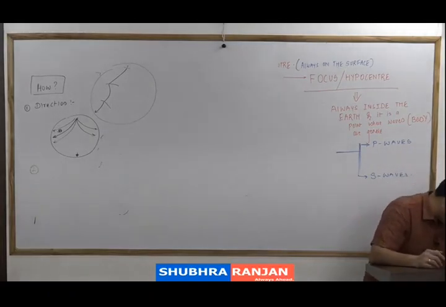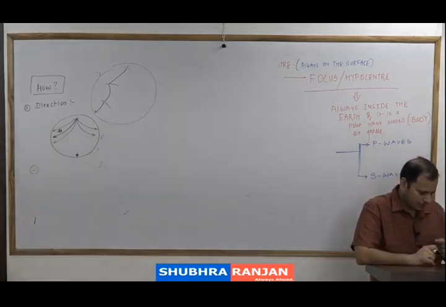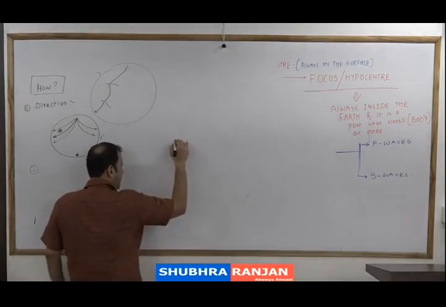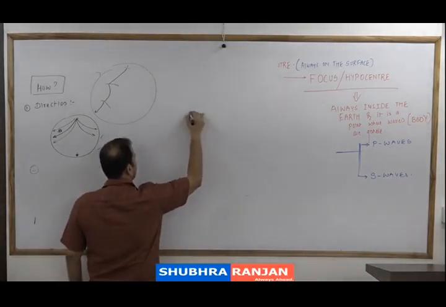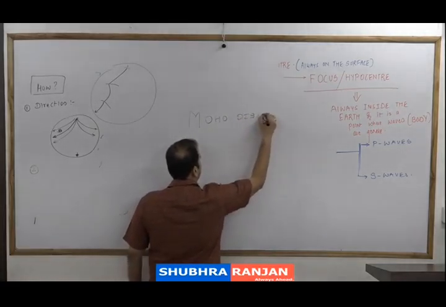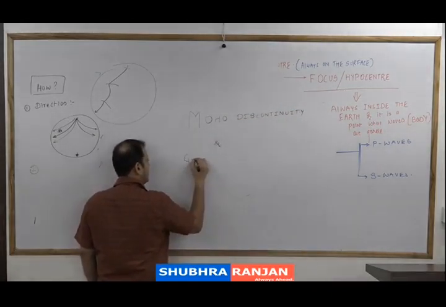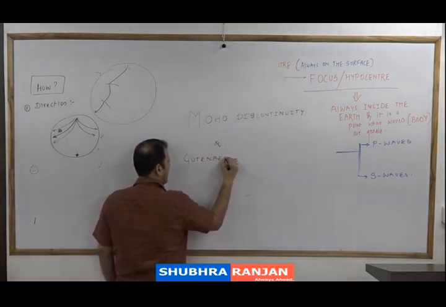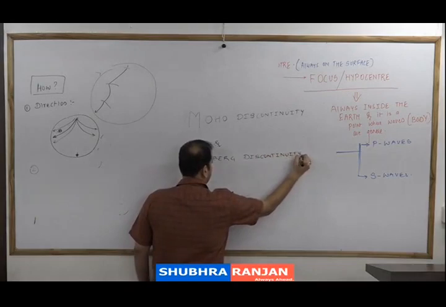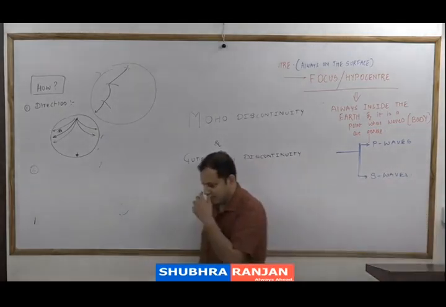The boundaries of crust and mantle, and mantle and core are known as Moho discontinuity and Gutenberg discontinuity respectively.